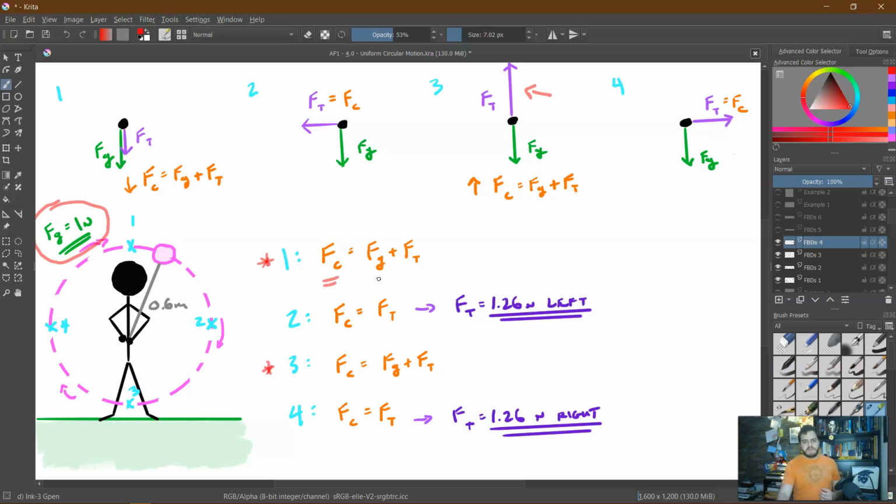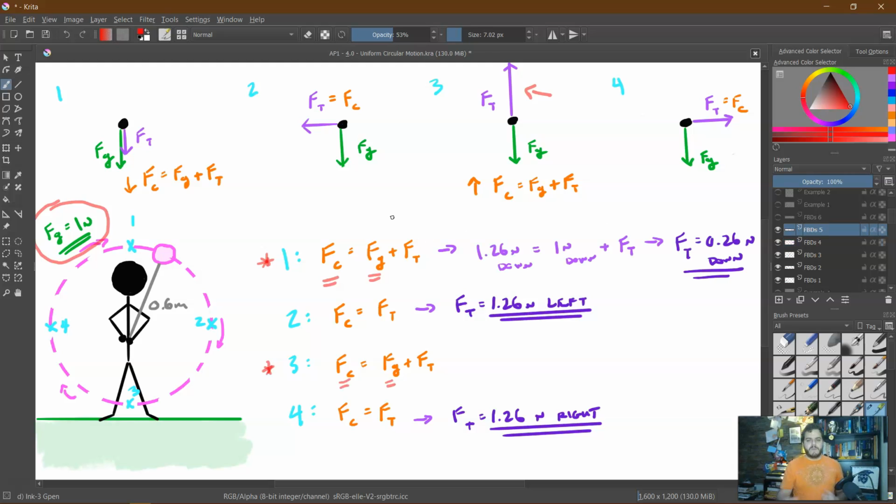Well, I know Fc, the centripetal force, and I know Fg, so I should be able to figure out Ft. Let's first look at point 1. The centripetal force is towards the center, and at point 1 that would be down, so it is 1.26 newtons down. Gravity is 1 newton down, so what does tension have to be? Well, 0.26 newtons down, toward the center.